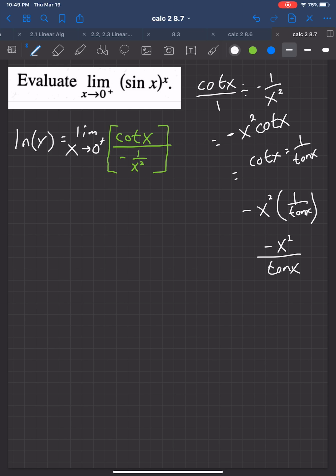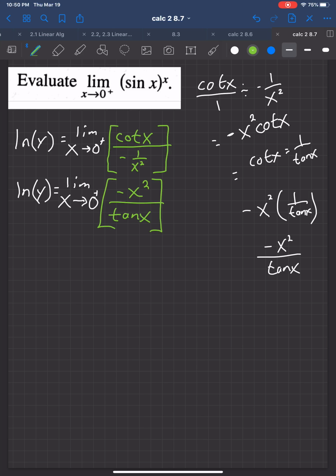Now, I'm thinking out loud as I solve this. So there may have been an easier way of doing this, but let me see what it looks like if I try this. Right? I have to be willing to look like an idiot. I have to be willing to take a gamble here. So now I can rewrite this as negative x squared over tan of x.